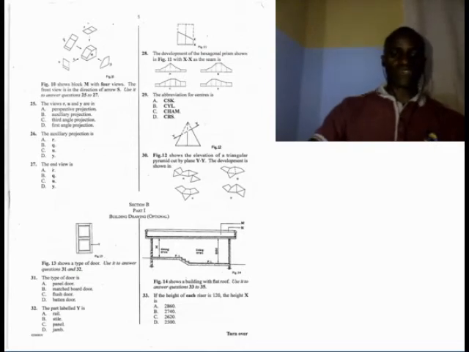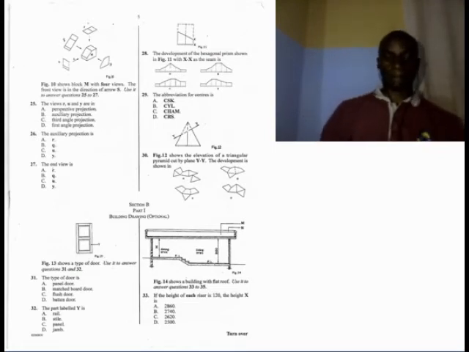The abbreviation for centres is D, CRS. The other one, CSK, is countersink. CYL is cylinder. And CHAM is chamfer. So the answer is D. Question number 30 is contained in the video below.